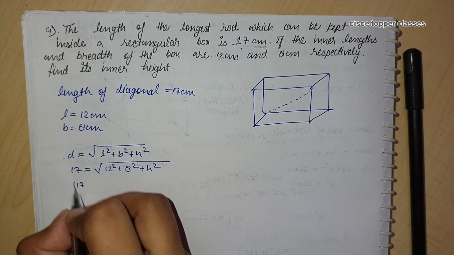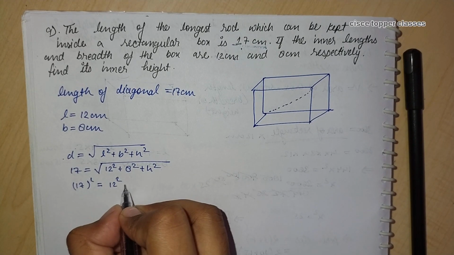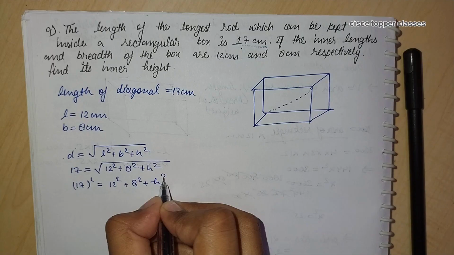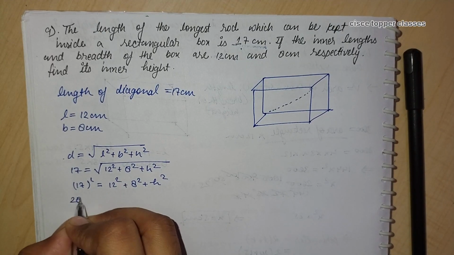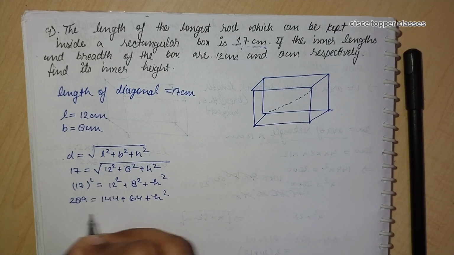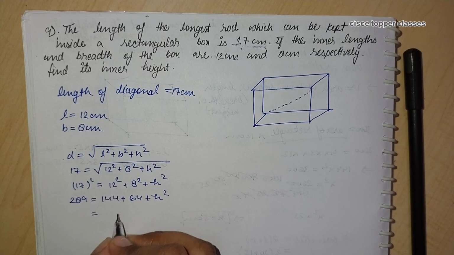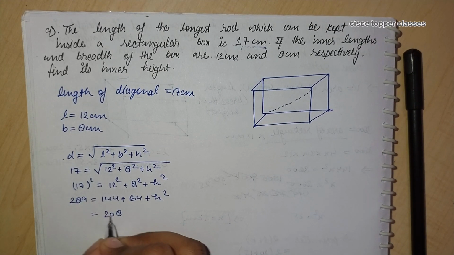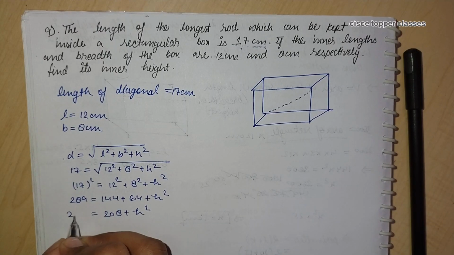So 17 whole square equals 12 square plus 8 square plus h square. So this will be 289 equal to 144 plus 64 plus h square. On adding, 208 plus h square, 289.